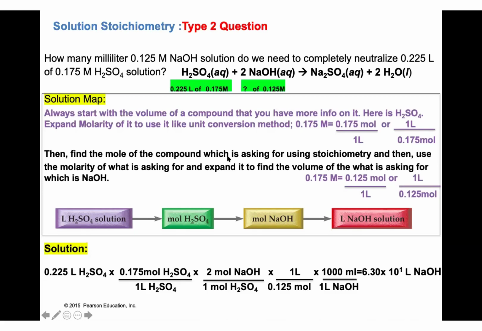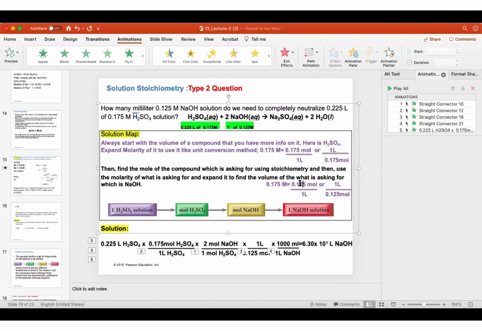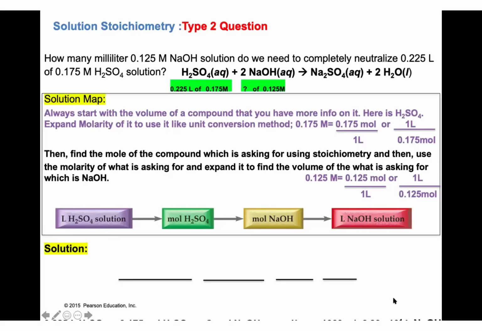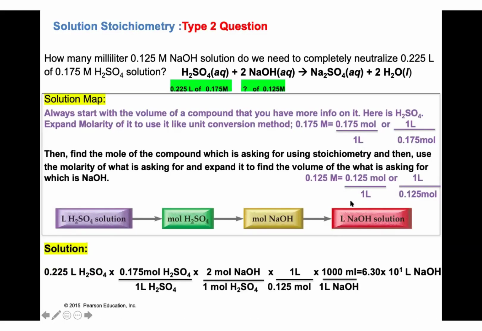Then we're gonna basically expand the second molarity again, which is gonna be here, of course, 0.125, and I expand this. So it's gonna be 0.125 over 1 liter or 1 liter over 0.125. So which one I should use here, guys, in the continue?